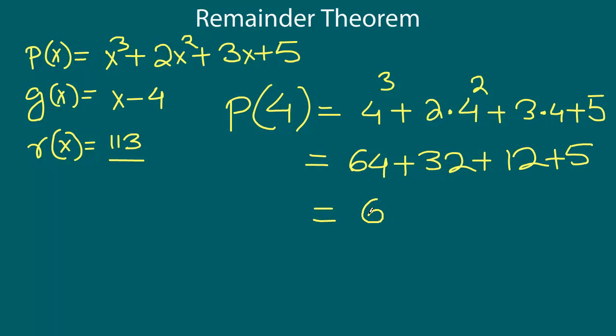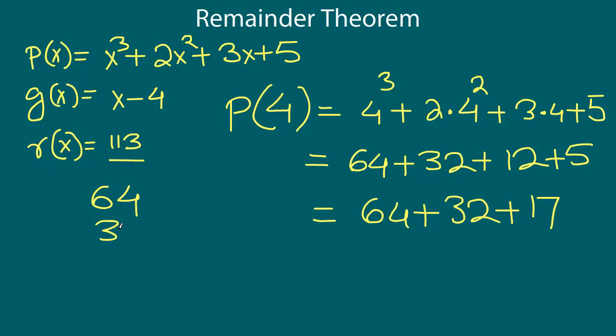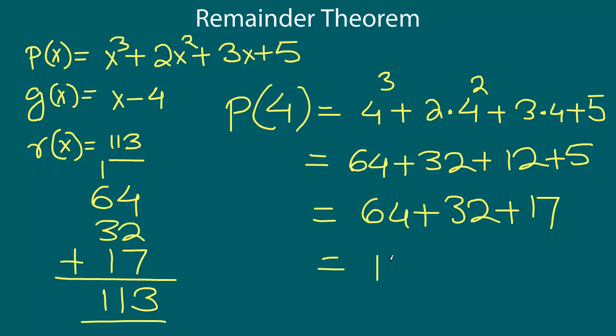Or in other words, we have 64 plus 32 plus 17. So let's do this over here. 64 plus 32 plus 17 is simply, 6 plus 7 is 13, 1 carry over, 6, 7, 8, 9, 10, 11. So when we do this addition, we get 113.